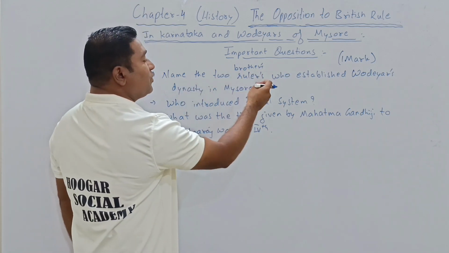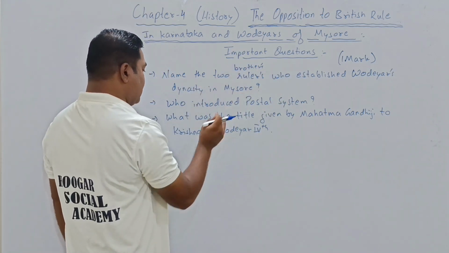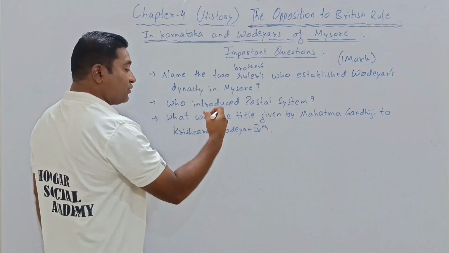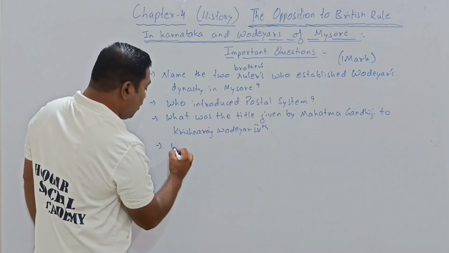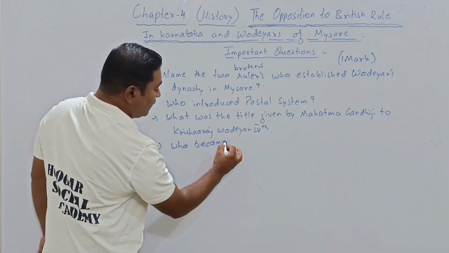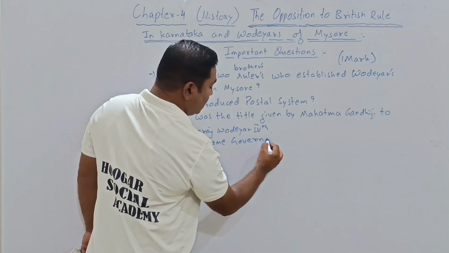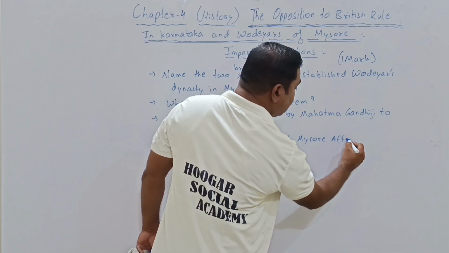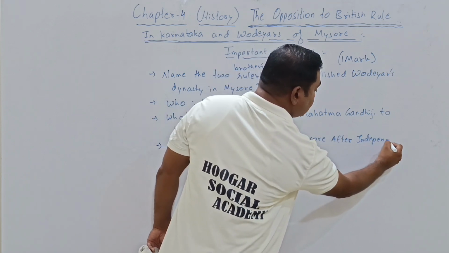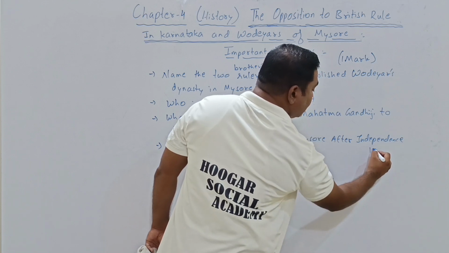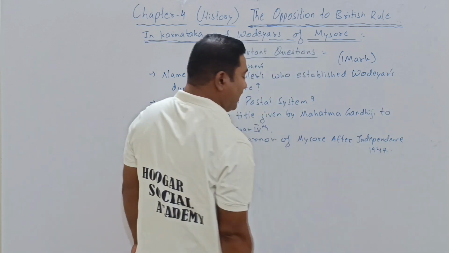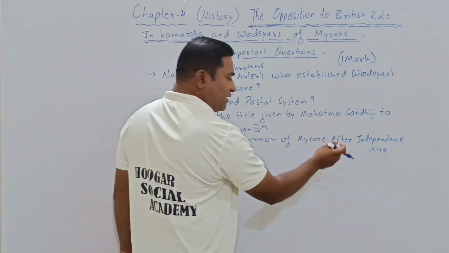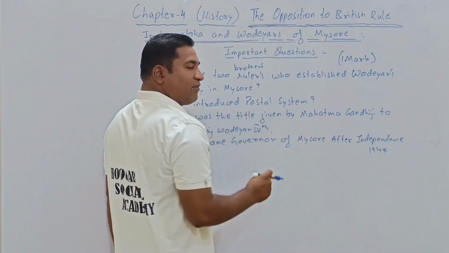Name the two brothers or two rulers who established the Wodeyar dynasty in Mysore, who introduced the postal system, what was the title given by Mahatma Gandhi to Krishna Raj Wodeyar IV, and who became governor of Mysore after independence? After 1947. 1947 may be given or may not. Just to make you understand, I have written 1947.